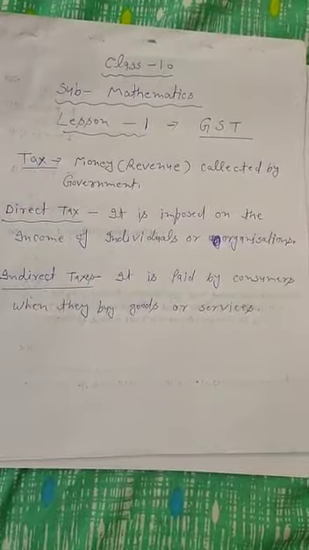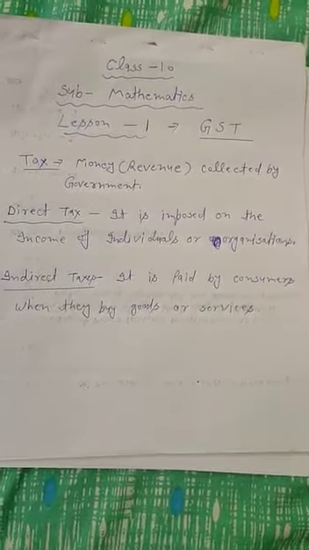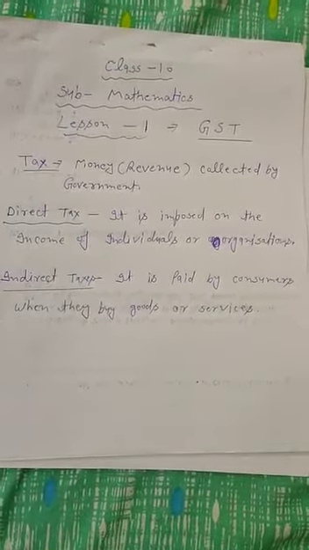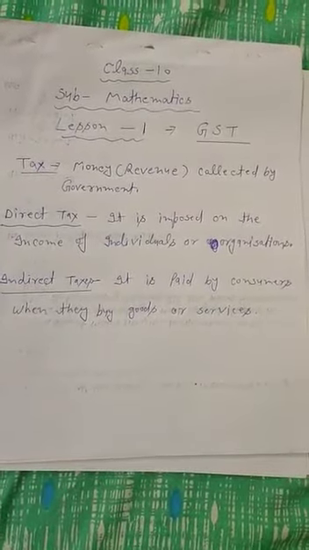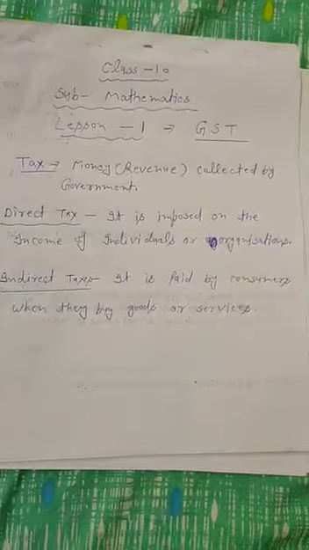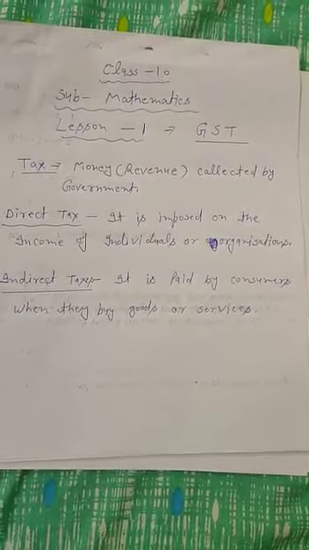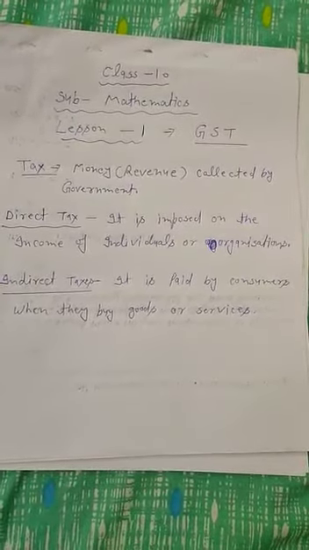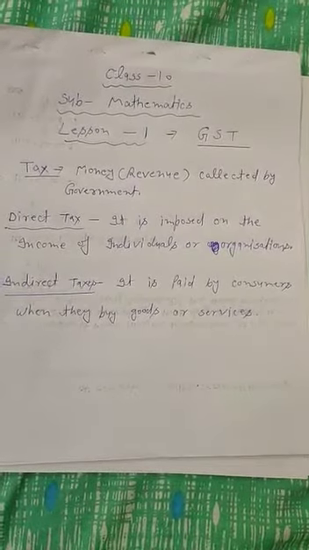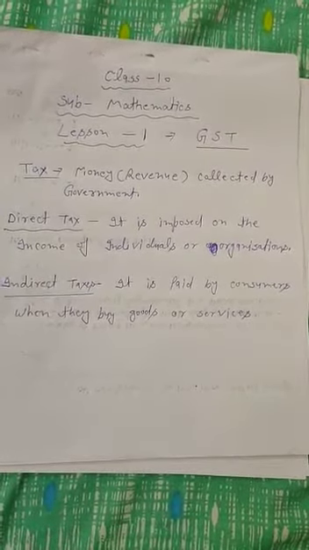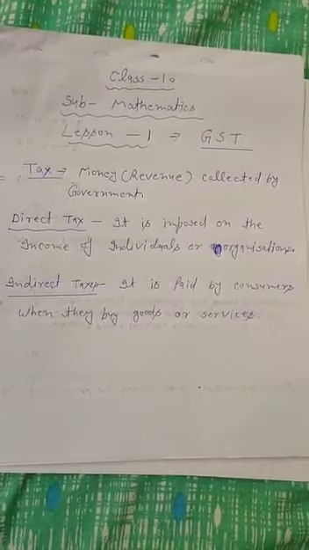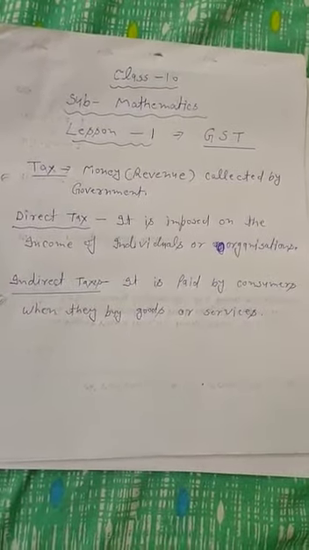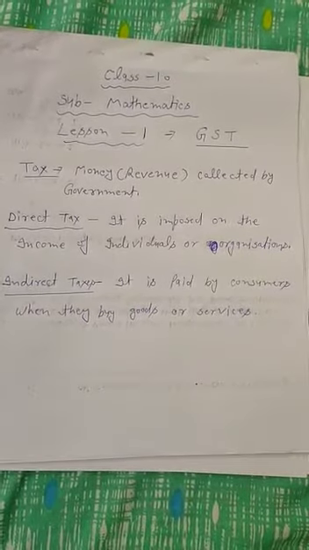It is paid by the consumer when they buy goods or services. Means any consumer, when purchasing any types of goods and services from anywhere, indirectly pays the tax. It is included in the cost price of the particular object or service. Okay, understand?